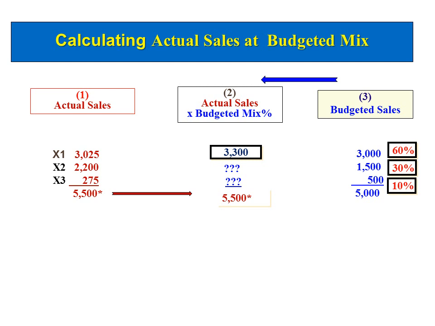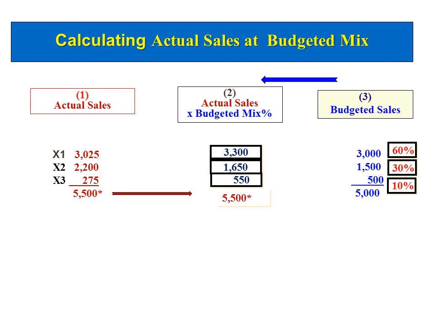It is 5,500 times 60%. What about x2? It's the same, but I will use the percentage of x2, I mean 30%. So 5,500 times 30%, and also for x3. This is how to calculate the actual sales using budget mix percentage.